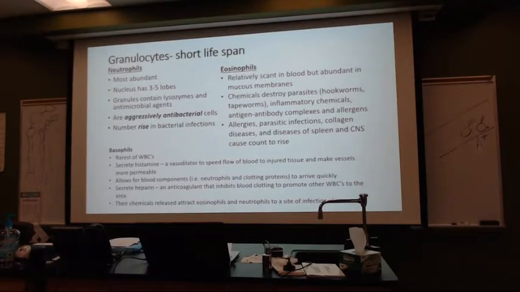Is it bacteria? Is it viral? Is it parasitic? Is it an allergen? The invader will determine, first of all, which white blood cell is going to be needed and how it's going to act.